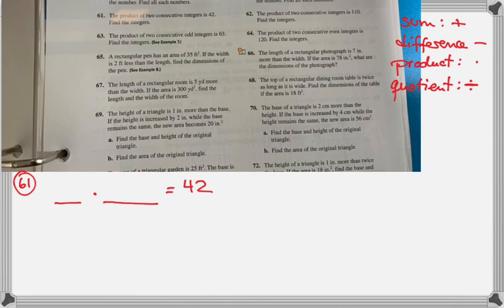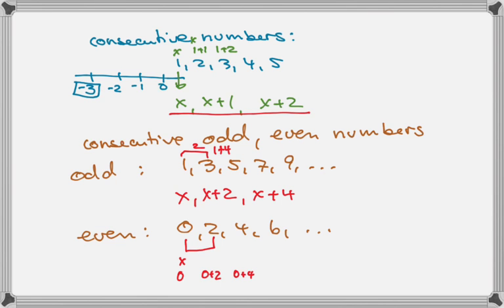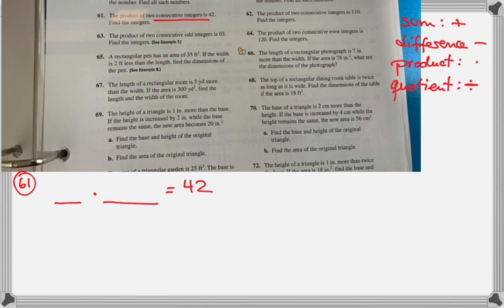Oh, so here you go, 6 and 7. But we need an equation here, and that comes from the product of two consecutive integers. Well, we just talked about two consecutive integers. One number is x, and the other one is x plus 1. That is your equation.